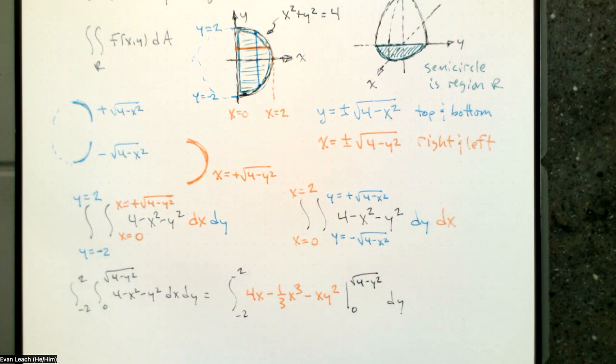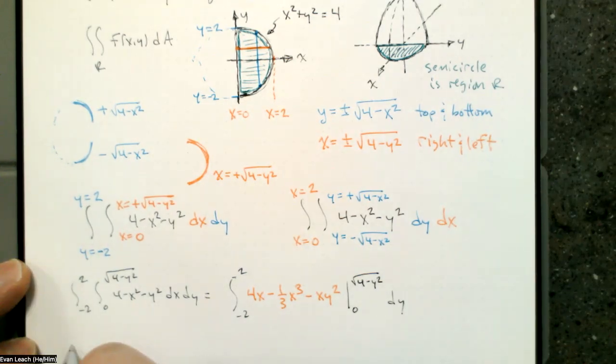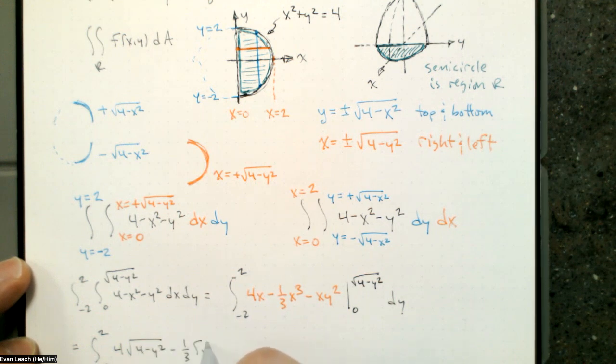So now we got to plug in the square root of 4 minus y squared into where we have all these x's. Still haven't integrated with respect to y, so I have to keep writing that, but I got a 4 times the square root of 4 minus y squared minus a 1/3 times the square root of 4 minus y squared cubed minus y squared times the square root of 4 minus y squared.